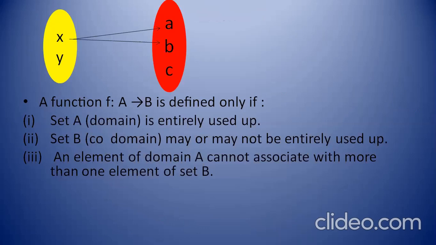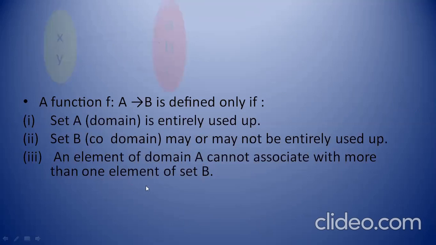So x is associated with two elements of set B. So it does not represent a function, because as already mentioned in the third point, an element of domain A cannot associate with more than one element of set B.